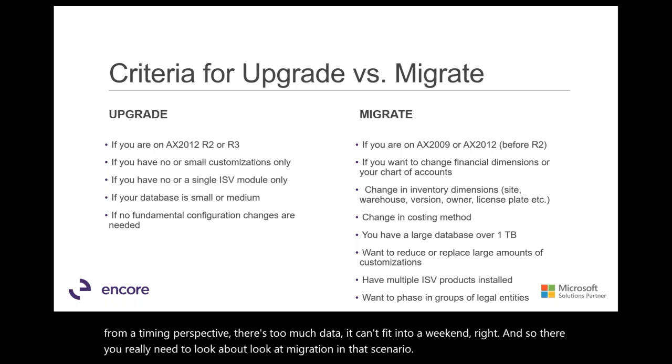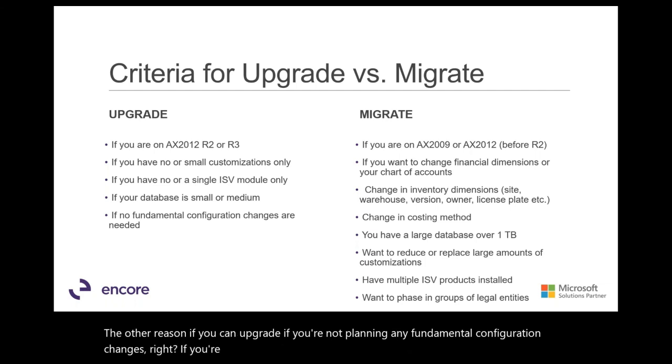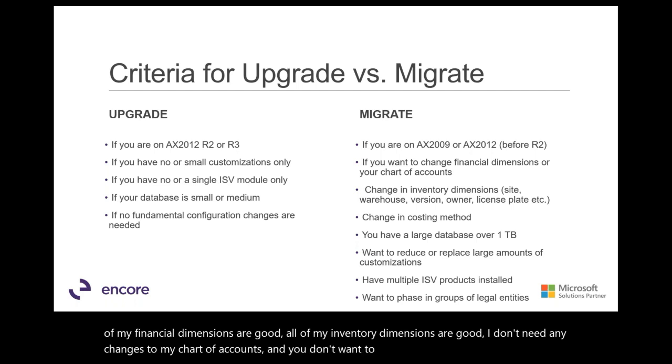The other reason you can upgrade is if you're not planning any fundamental configuration changes. If you're happy with your configuration in AX 2012, then you're saying, all of my financial dimensions are good, all of my inventory dimensions are good, I don't need any changes to my chart of accounts, and you don't want to change your costing method.